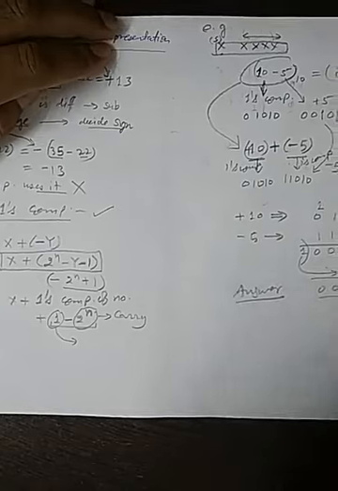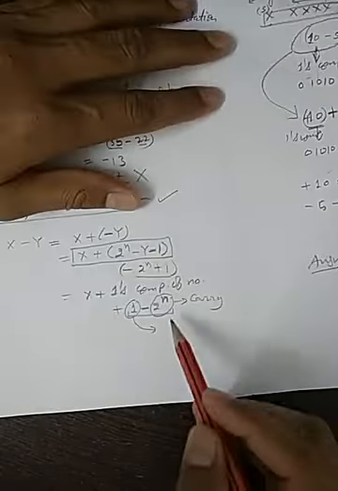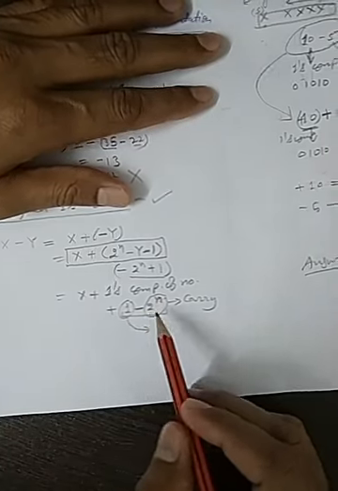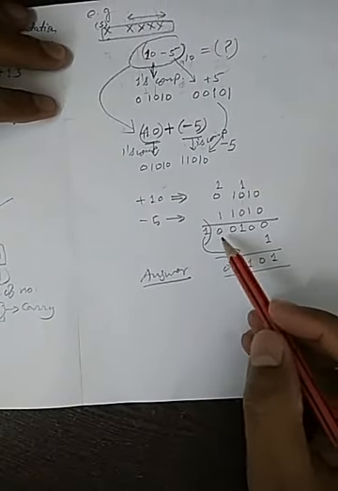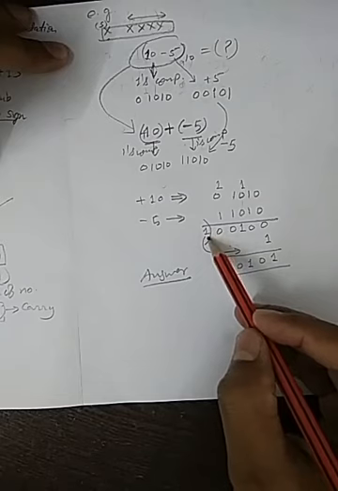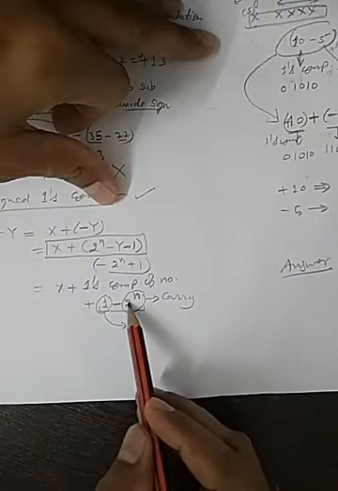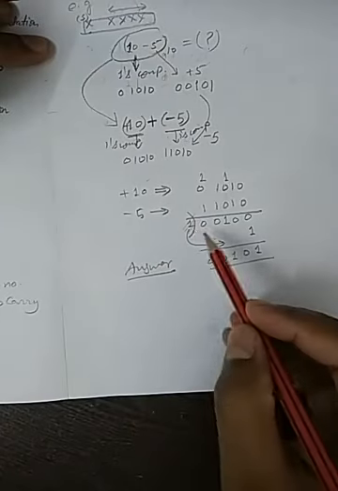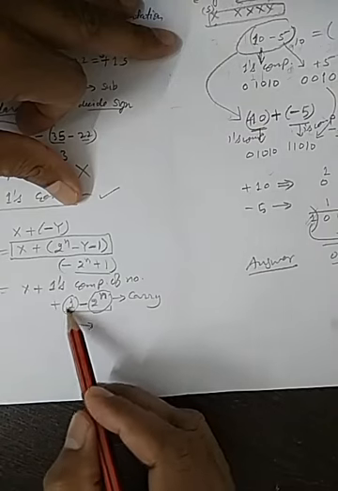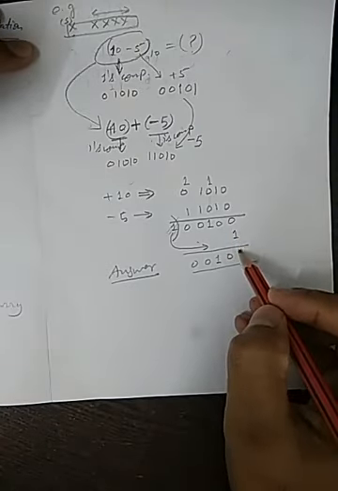If I want to check this answer, in the previous slide it was minus 2 to the power n plus 1. So in this example, if there is one carry, we are discarding it. Discarding means we are doing minus 2 to the power n, and then we are adding plus 1. That is why now we are adding 1.